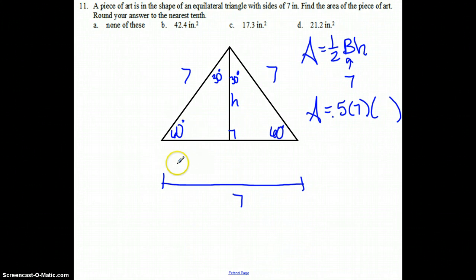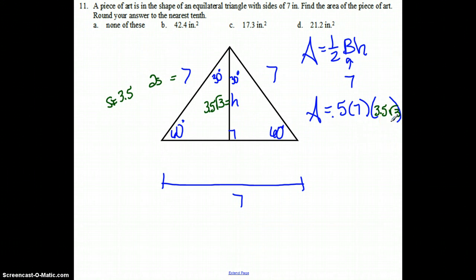Okay, so if this is 30, 60, 90, this side right here would be my 2s, which would mean s would be equal to 3.5, which means that this side's going to have to be 3.5 square root of 3, because it's across from the 60-degree angle. Now, they don't want simplest radical form, any of that. Just multiply that together.